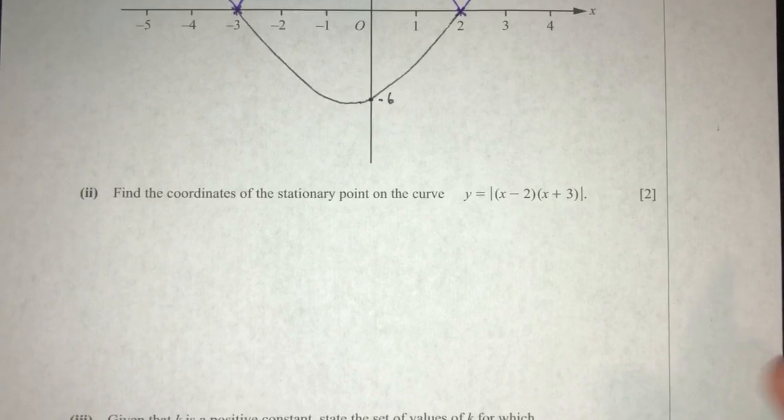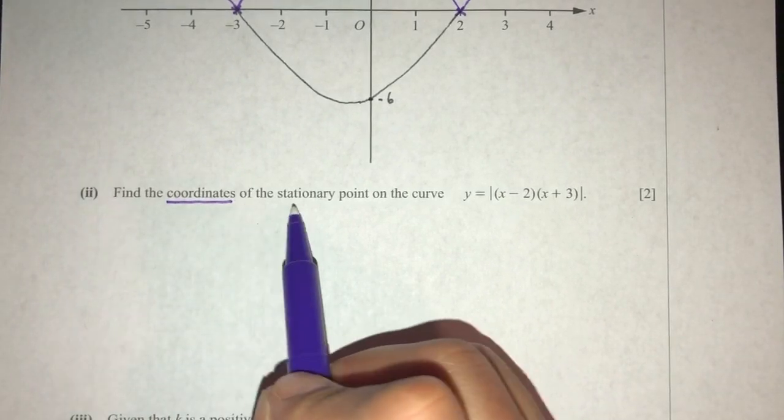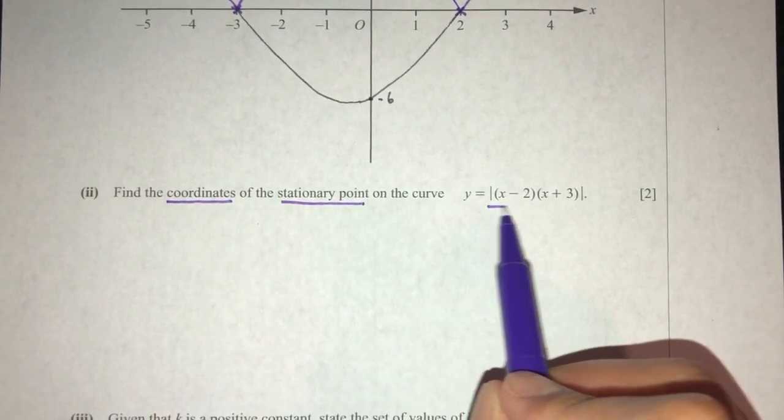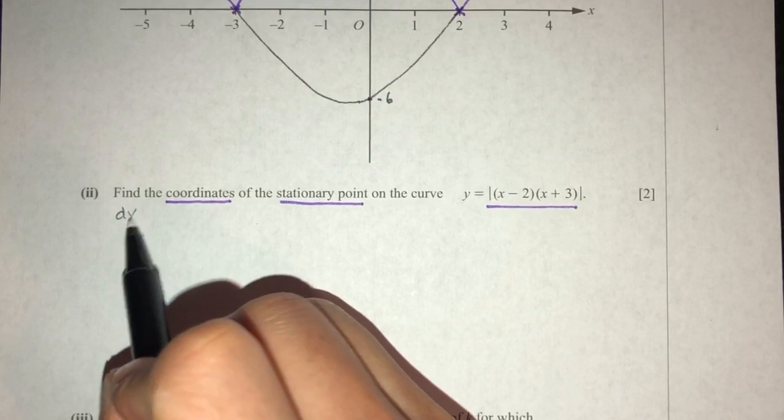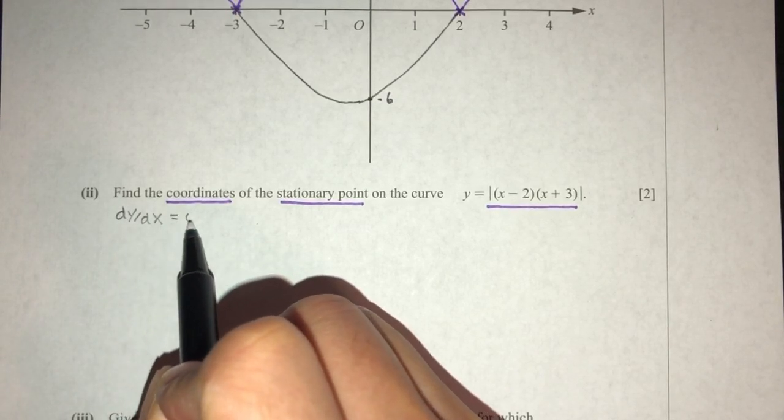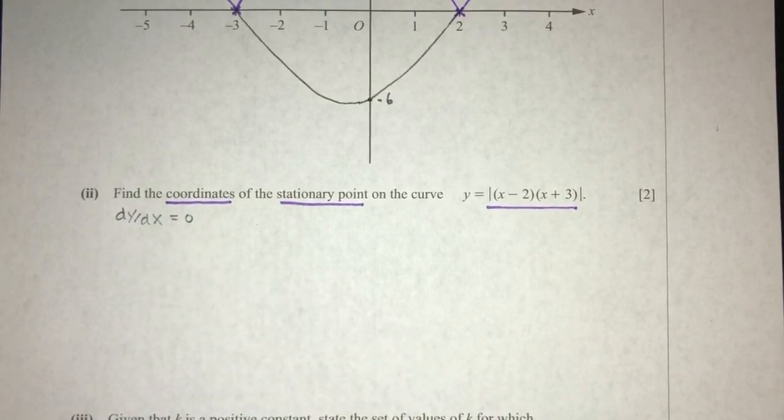So we have to find the coordinates of the stationary points on the curve. So pretty easy. As you guys know already, at a stationary point, what do we know? We know that dy by dx has to be 0. So the first step is, first let's ignore the modulus.